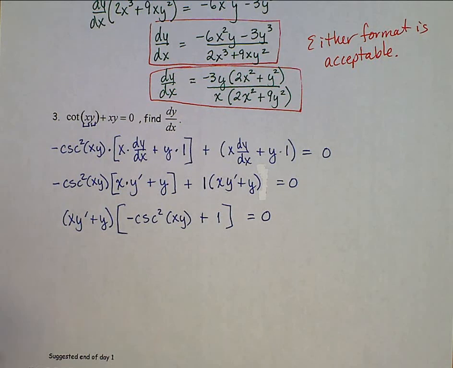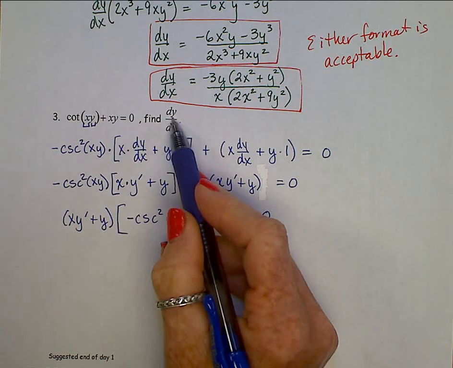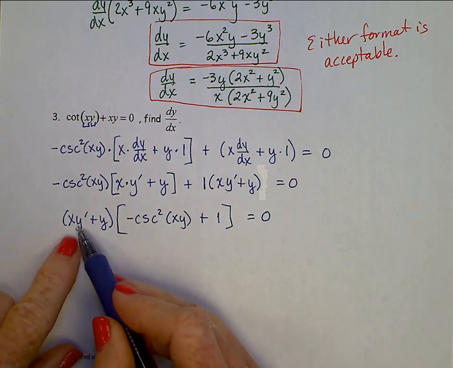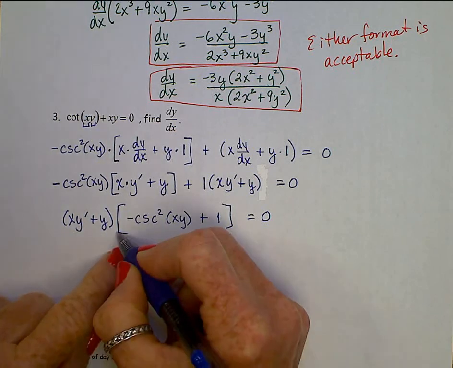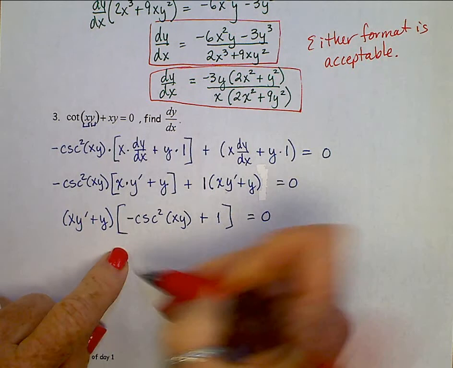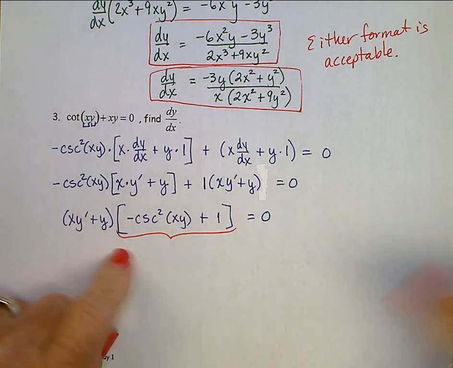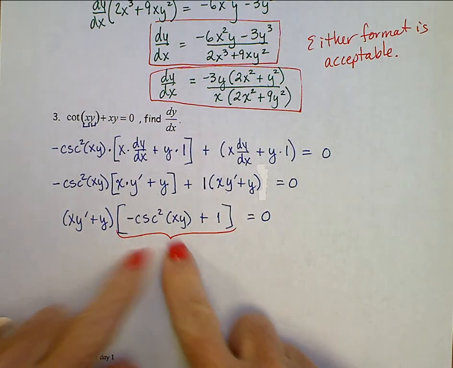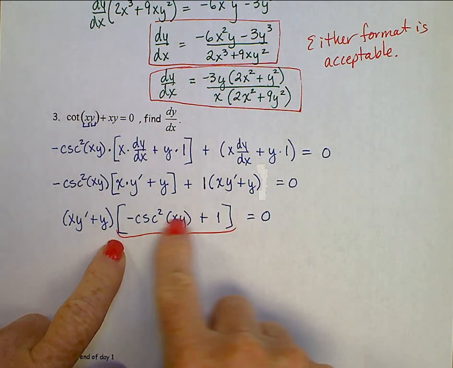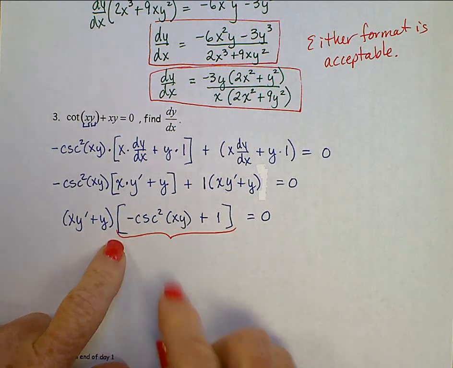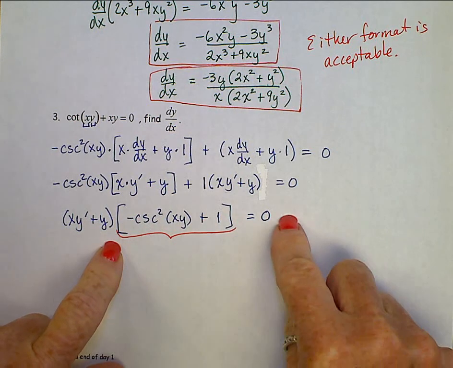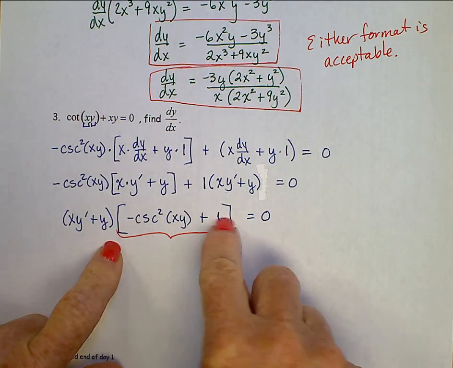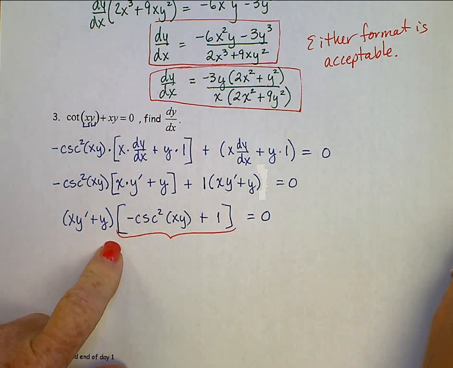All right, I forgot. What are we solving for? Oh, dy/dx. Yep, so this y prime is what we're solving for. Well, could we right now divide both sides by this quantity right here? There are no y primes in here, so we're not going to divide out a variable. If we divide both sides by that, this side over here is 0 divided by this mess. It's just 0.